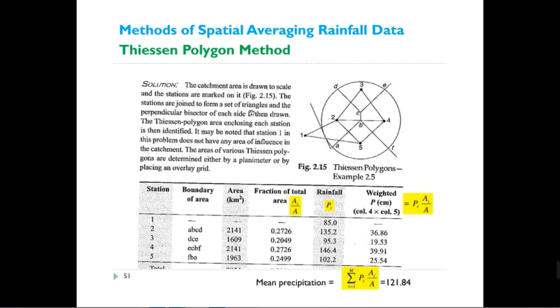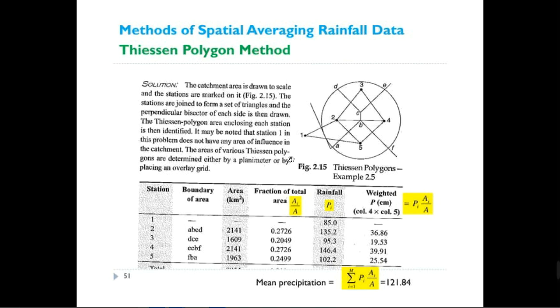The solution: the catchment area is drawn to scale and the stations are marked. The triangles are formed and perpendicular bisectors of each side are drawn. This gives the polygon area enclosing each station. It may be noted that station 1 does not have any area of influence in the catchment.